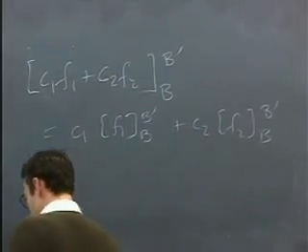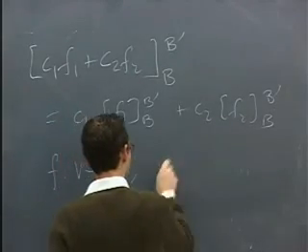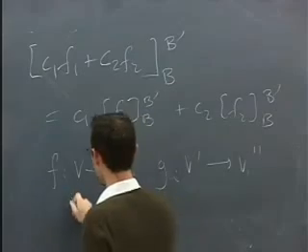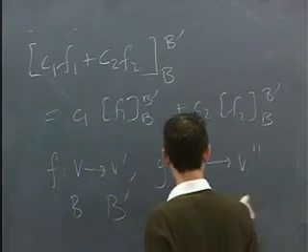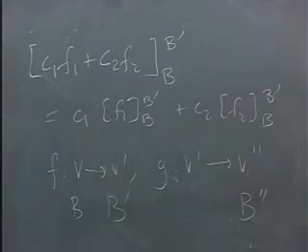Now, moreover, if I have f from v to v prime and g from v prime to v double prime, and again I equip these things with bases b, b prime, and b double prime, then exactly the composition structure that you expect to be preserved is preserved. Again, this just follows from what we saw before.